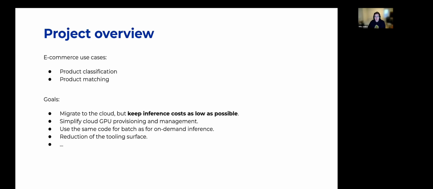And my biggest concern was just, okay, we're moving to the cloud. We got to keep inference costs as low as possible. So just provisioning a few computes here and there was quite scary to me. And I was really trying not to skyrocket costs at all. So that was my biggest priority. Of course, we wanted to simplify cloud GPU provisioning and management.